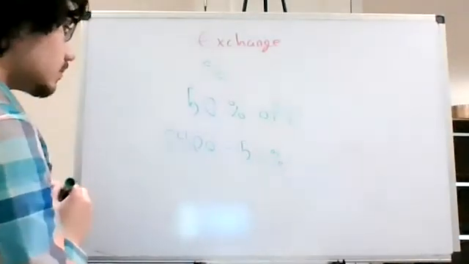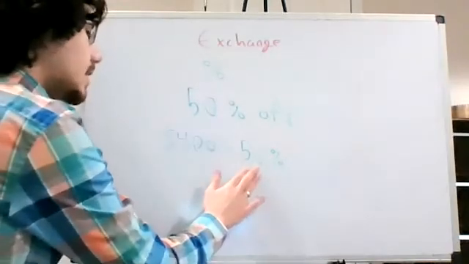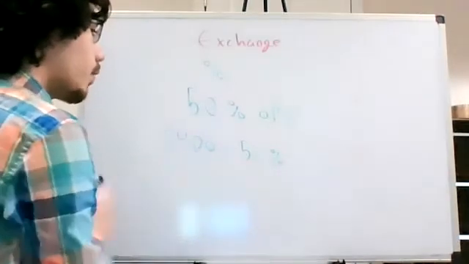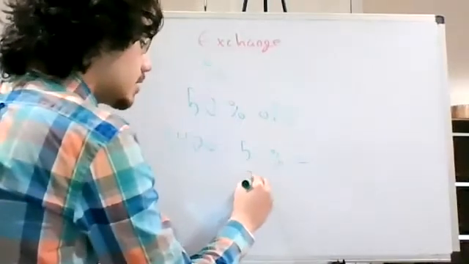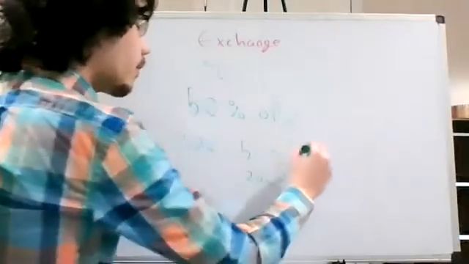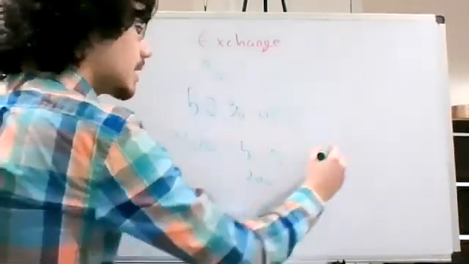And the way this would work is that you have to find what 50% of 400 is, and you have to take that away from the 400. 50% is 200, and you take away 200 from 400, and you get $200 as the sales price.